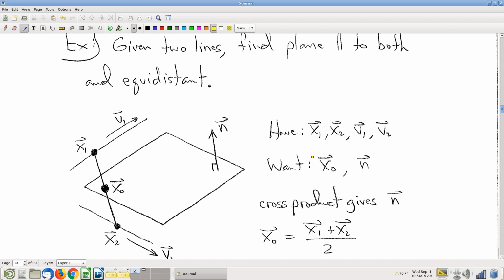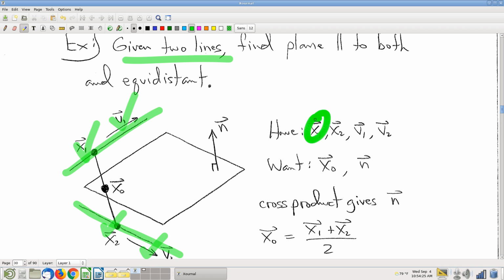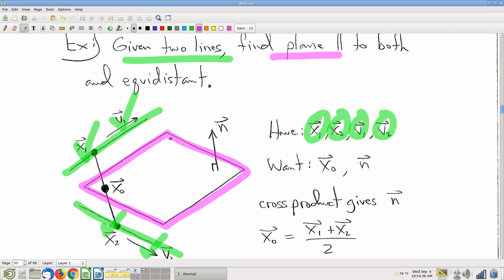So, suppose I'm given two lines, again with parameterizations. So I'm given points and direction vectors. I want an equation for the plane that's parallel to both of them. Now, wait a minute. There's lots of planes parallel to both of them.